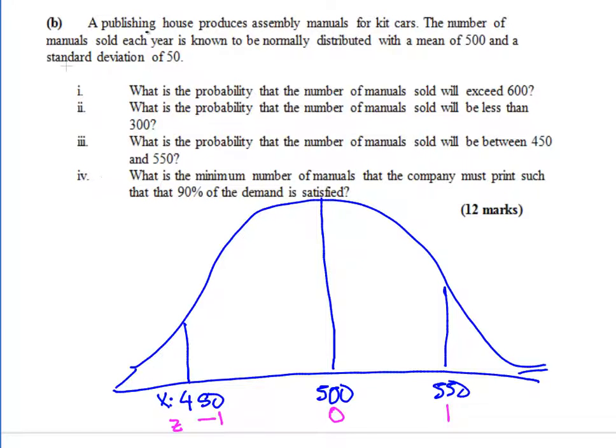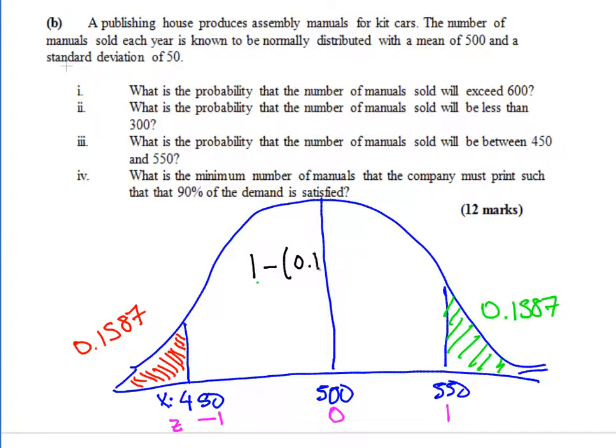So what we found was that this area here was 0.1587. This area here, the green area, was also 0.1587. So what does that mean this middle area is? That's equal to 1 minus 0.1587 plus 0.1587.